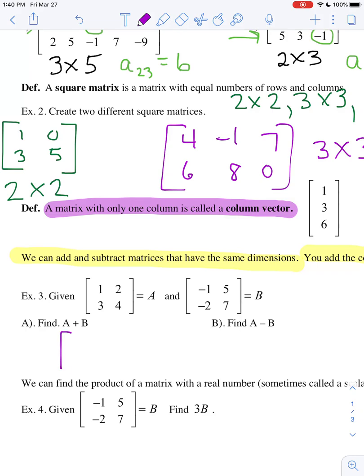If I want to add them, these are 2 by 2 matrices, and they're square matrices. So all I do is take 1 plus -1, that's 0. 2 plus 5 is 7. I'm adding elements in the corresponding locations. 3 plus -2 is 1. 4 plus 7 is 11.